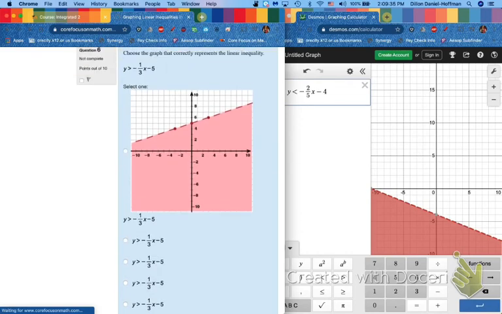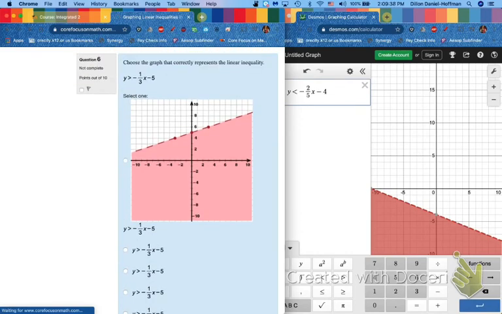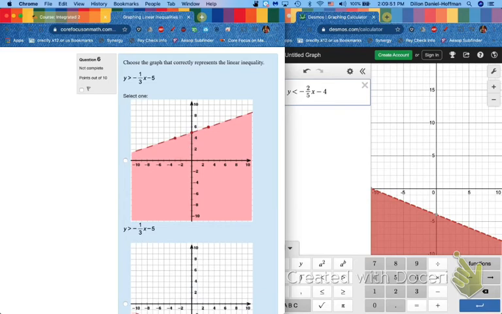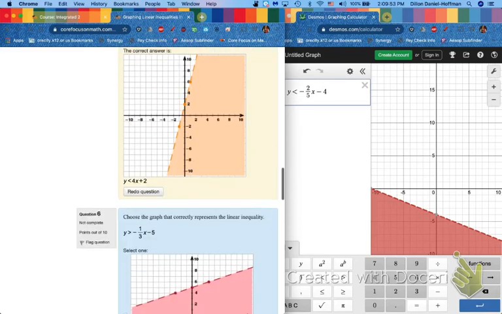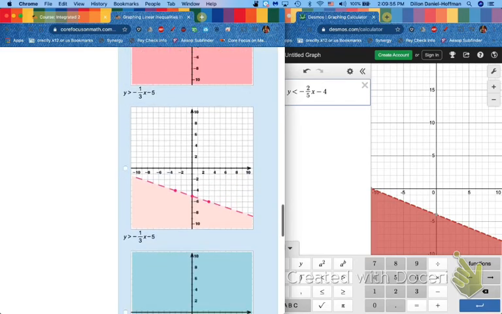All right, 6 is a greater than, so that's a dotted line shaded above with a y-intercept at -5 and a negative slope, meaning it's going to cross like this at -5. This is a positive slope underneath at 5, so that ain't good. This is a negative slope crossing at -5, okay, but it's underneath.